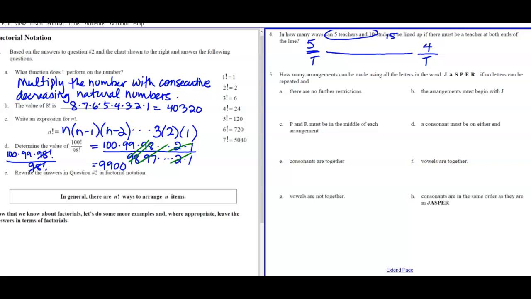So that means that there are 2 teachers used up, so that means there's 13 people that we need to arrange inside this. Arranging any group of 13 people will be 13 factorial. Okay? So we could show this, we're not going to evaluate it, we'll just show this 5 times 4 is 20 times 13 factorial. That would be simplifying it a little bit. Okay? If you want to go back and find the actual number of them, you're welcome to do that.